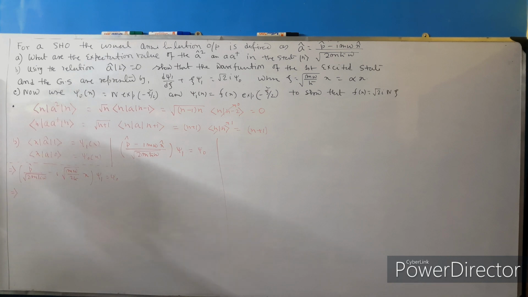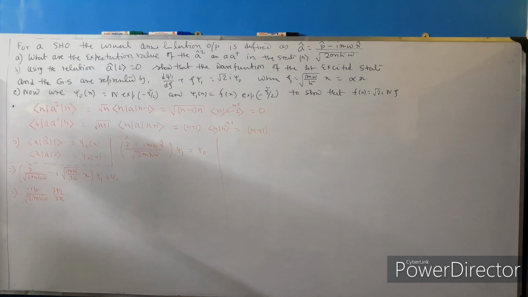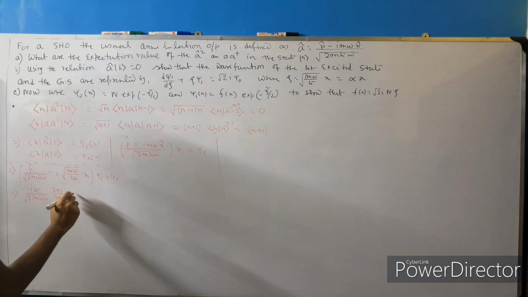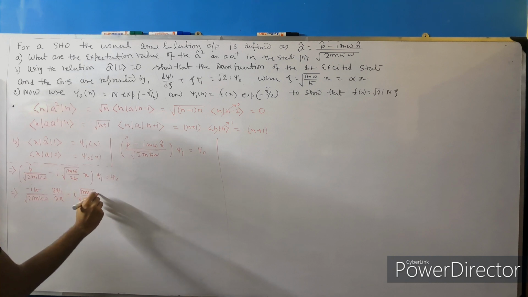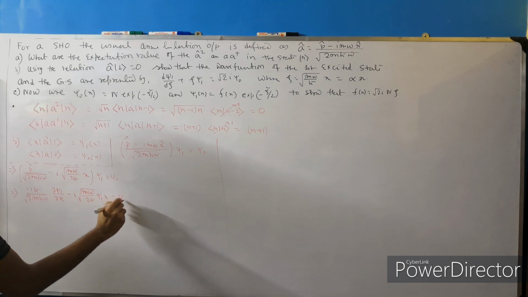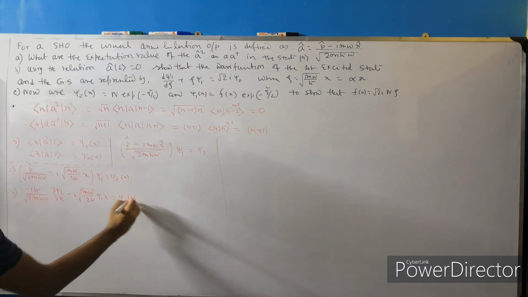P can be represented as minus i h cut, with root over 2m h cut omega, and del del x. So if I take the psi inside, you will get del psi 1 del x with minus i m omega by 2 h cut psi 1 of x equals psi 0 as a function of x. You can write it if you want.